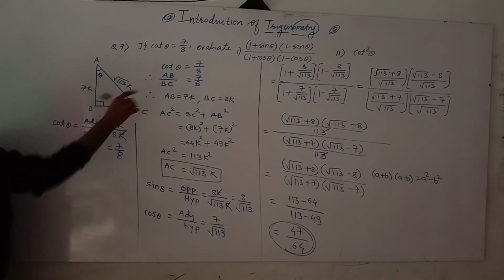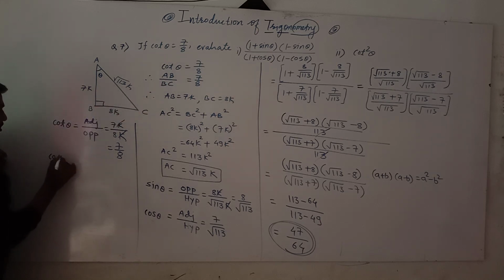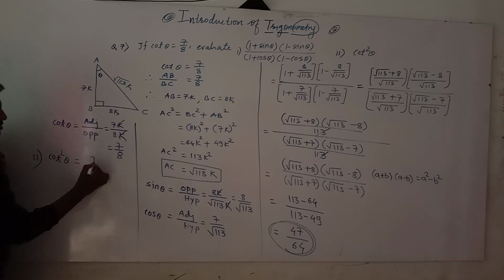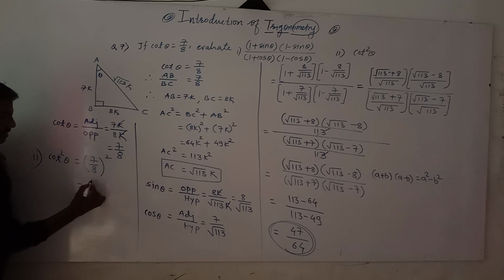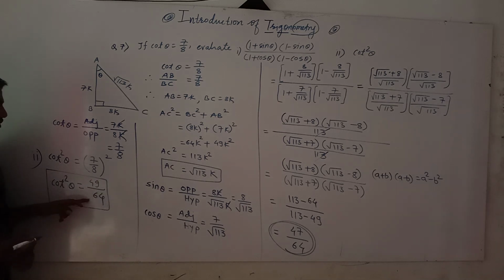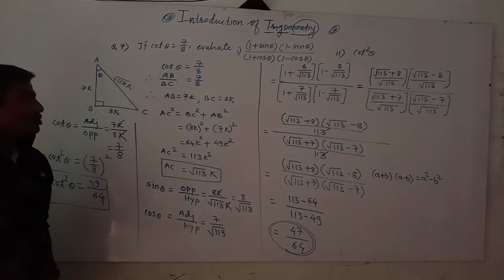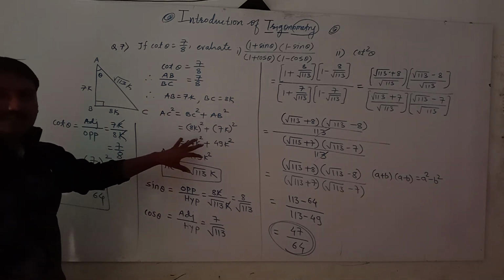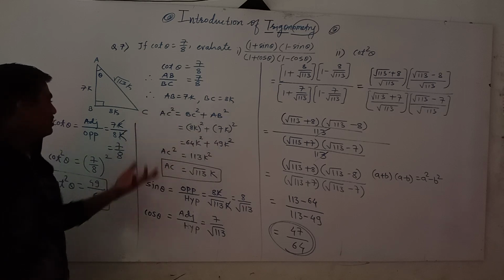I want cot square, so cot square theta is (7/8) square, which is 7 square is 49, 8 square is 64. So cot square theta is 49 upon 64. It looks big, but it is very simple.